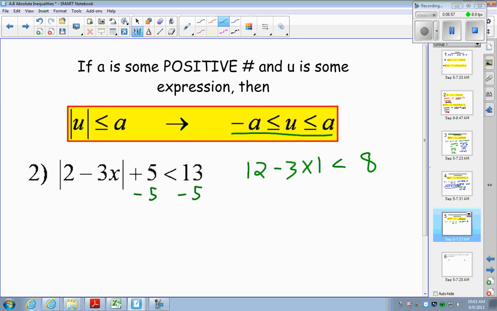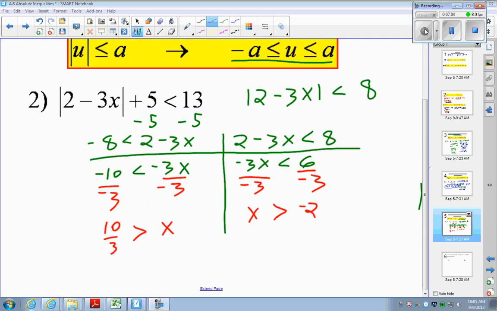So right now, pause the video and work it out yourselves, and unpause when you have a solution and see if our solutions match up. So what I ended up getting was x is less than 10/3 and x is greater than negative 2. So let's bring this all together into one common expression. We start with the smallest number first. We say negative 2 is less than x, which is less than 10/3.